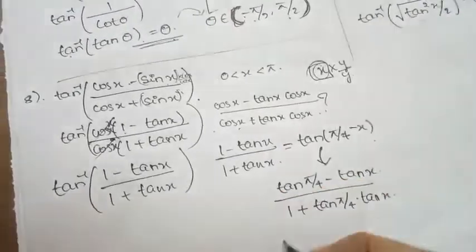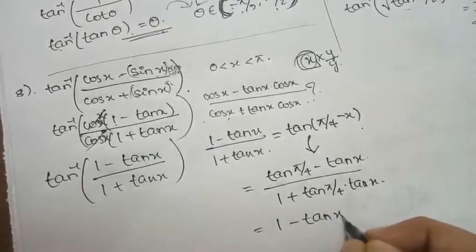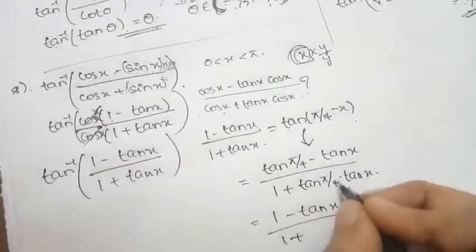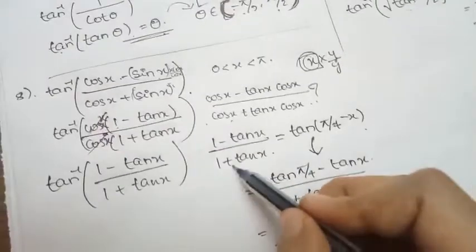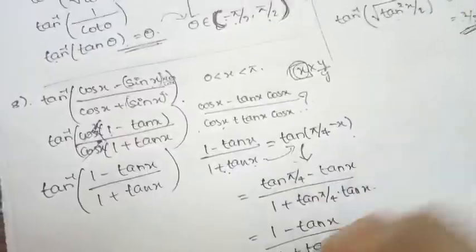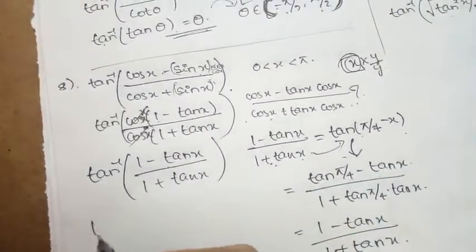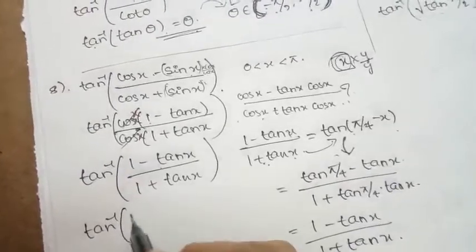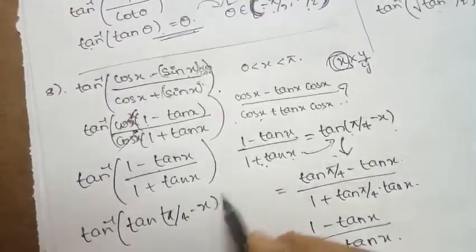So what is tan pi by 4? It is 1. So (1 minus tan x) divided by (1 plus tan x) is equal to tan(pi by 4 minus x). So I can write this as tan inverse of tan(pi by 4 minus x).